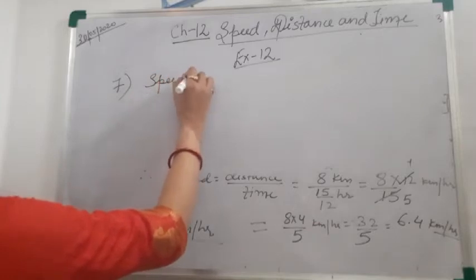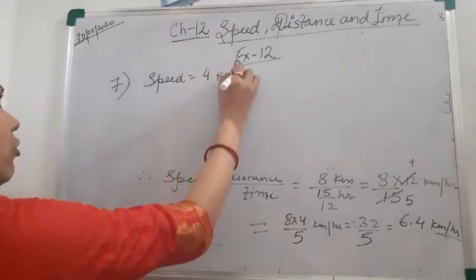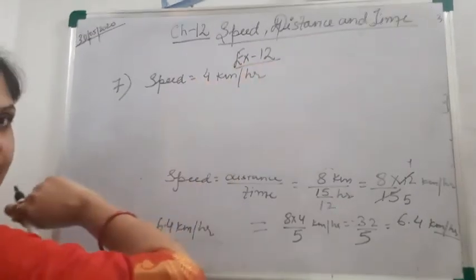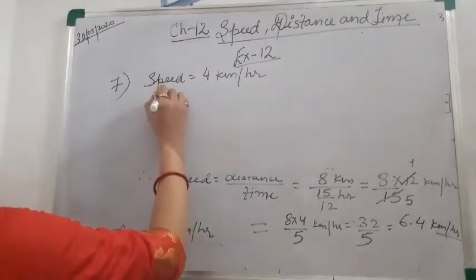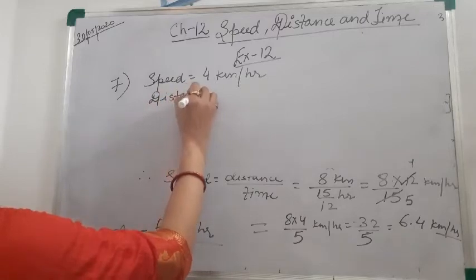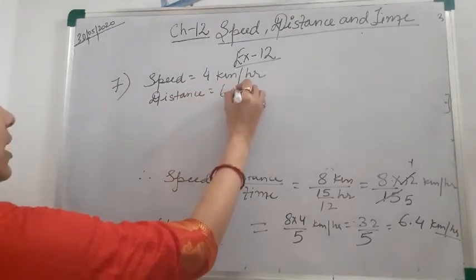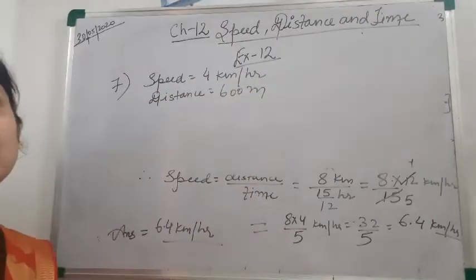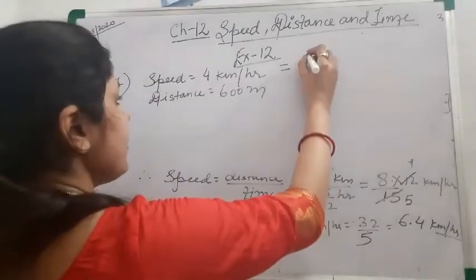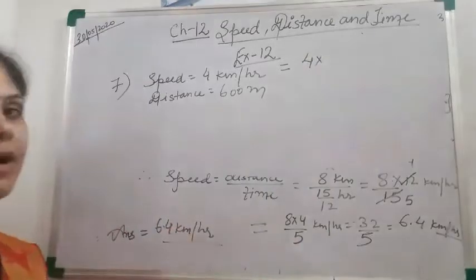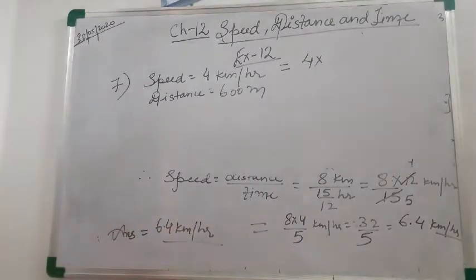Speed is equals to 4 km per hour, and distance is equals to 600 meter. See, distance is given in meter and speed is given in kilometer per hour.